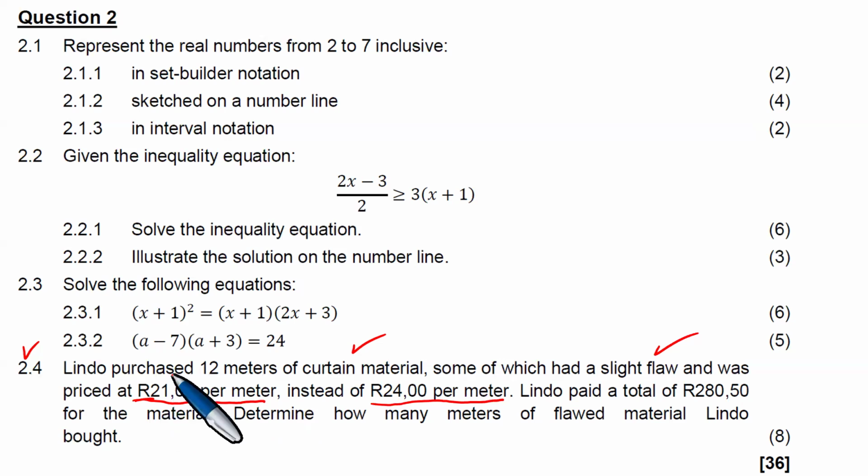I like it, but it's damaged. Can you offer a discount? So the manager says, okay, the part that has a slight flaw, that is damaged, is going to be sold at 21 Rand per meter. And then determine how many meters of flawed material Lindo bought. So now, what do we do here?